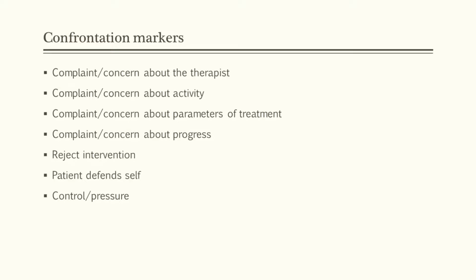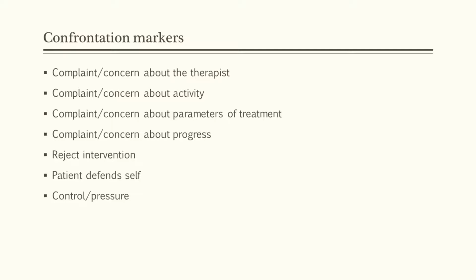The confrontation markers are usually, as I said before, easier to spot. So basically the patient expresses complaints or concerns about the therapist, or about the activities of therapy, things you're doing in the session, like doing a thought record together, or a 2-chair exercise. Those are activities. Complaint, concern about the parameters of treatment.